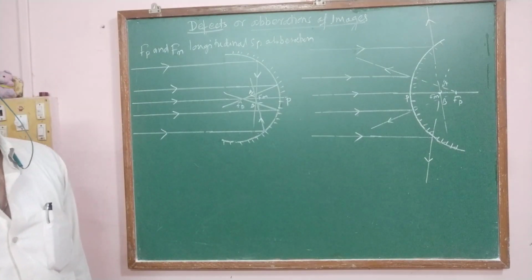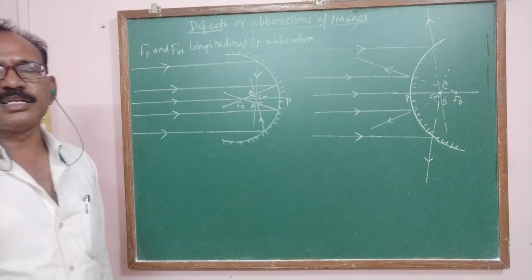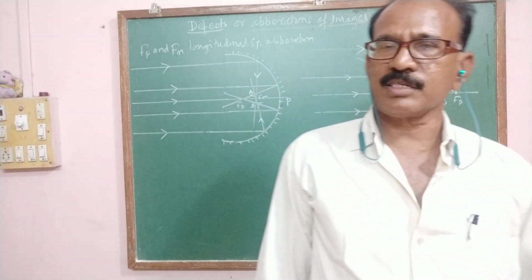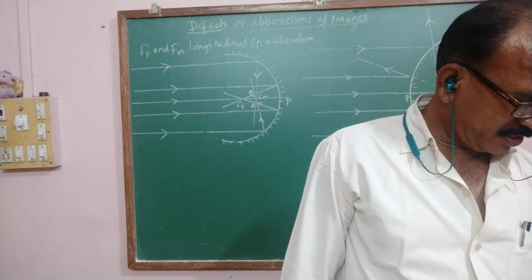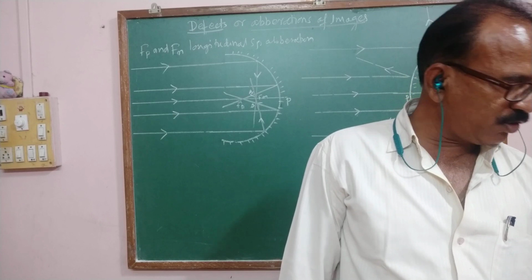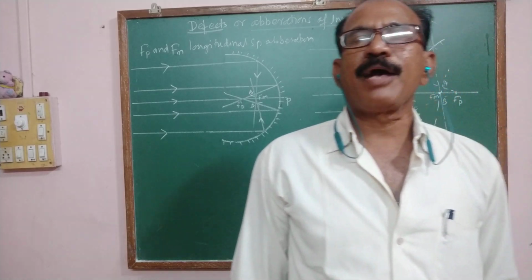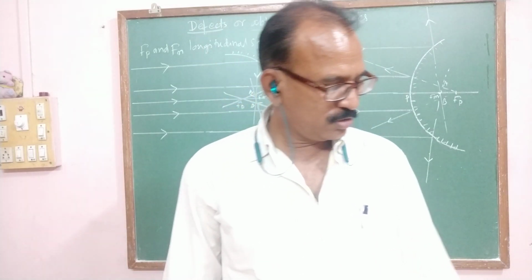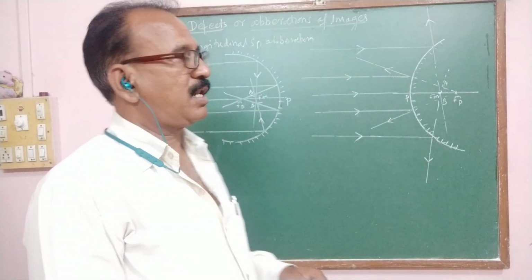That circle is called the circle of least confusion. This is about spherical aberration, which, as I told you, can be reduced by taking a parabolic mirror or parabolic lenses.